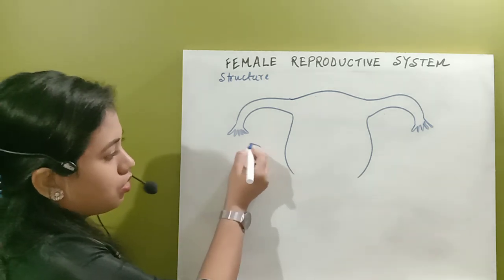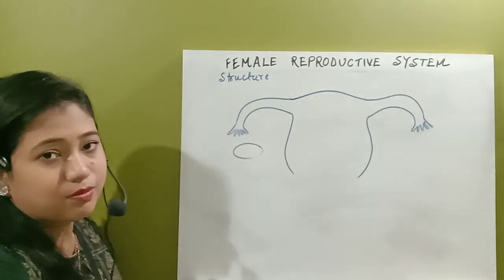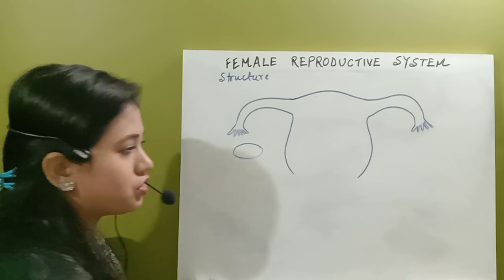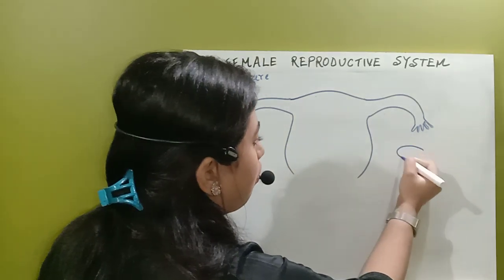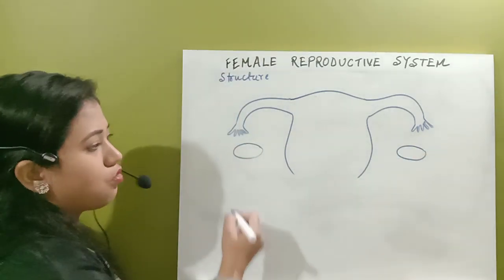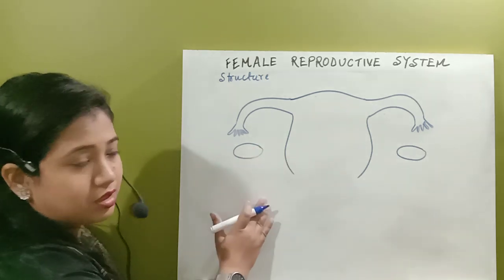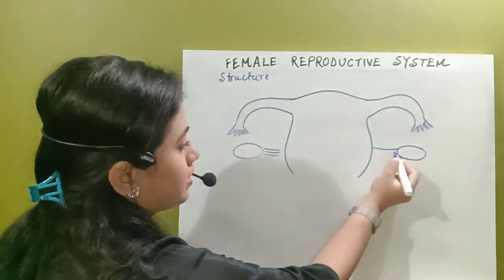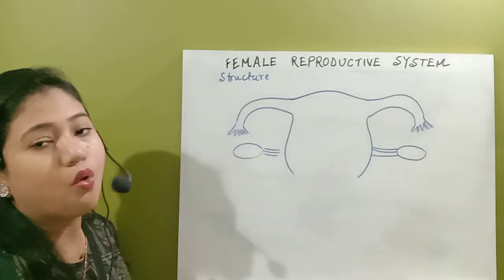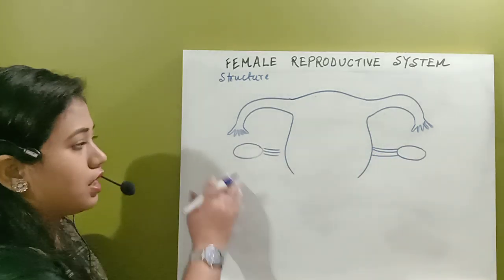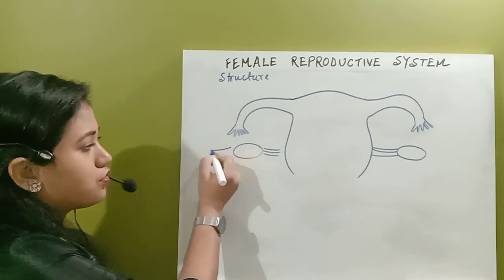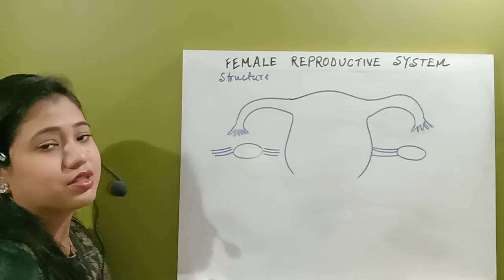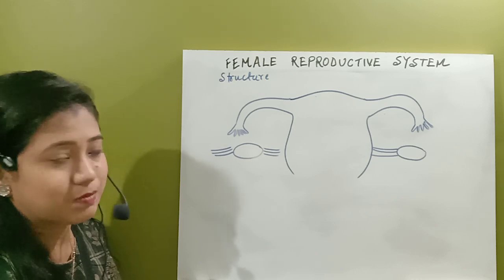Now here on either side, a very small almond-shaped structure, the ovary, is present, and these ovaries attach to the uterus by a ligament, known as the ovarian ligament. On the other side also we have another ligament. This is known as the broad ligament or suspensory ligament.